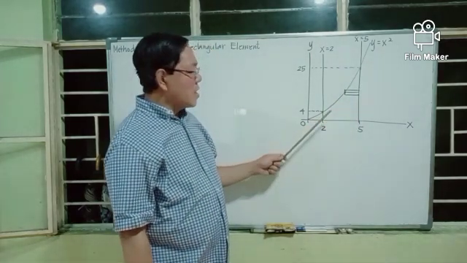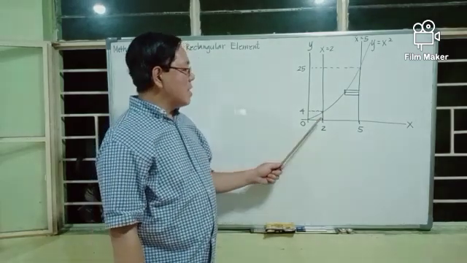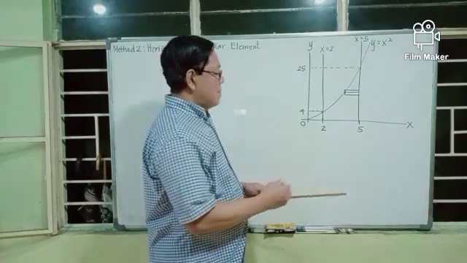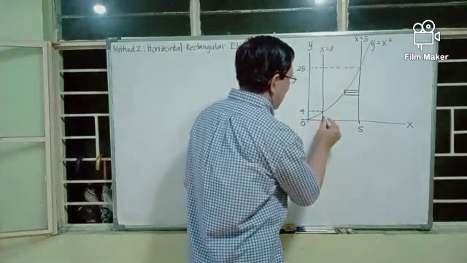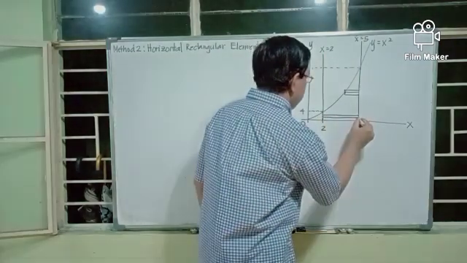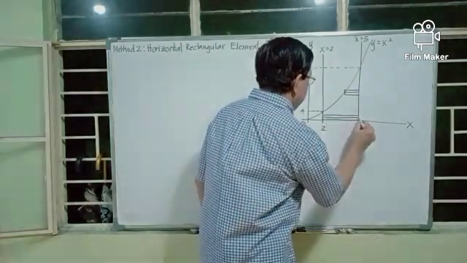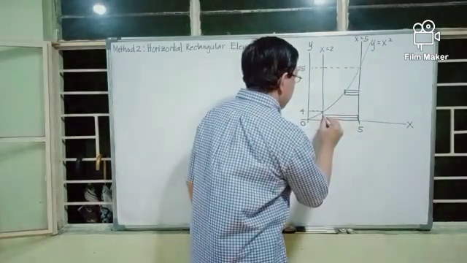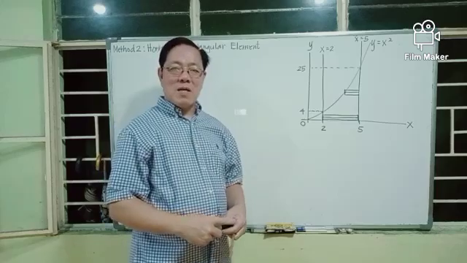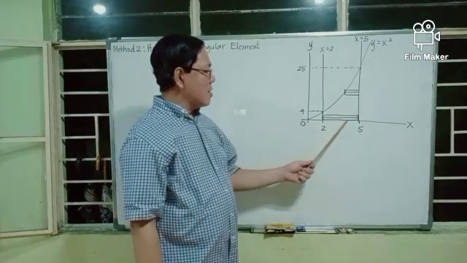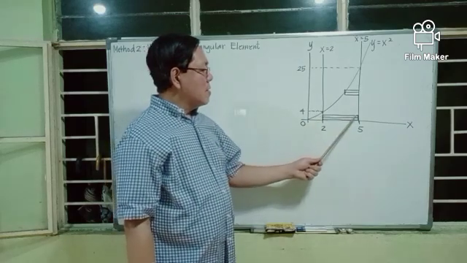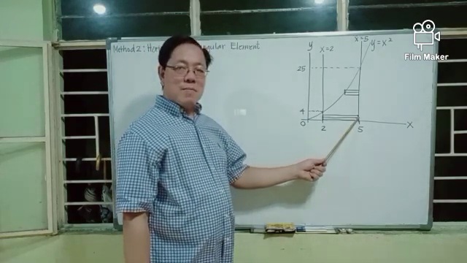But if you take a horizontal rectangular element here, you can see that the ends of this horizontal rectangular element have points on this line and on this line.